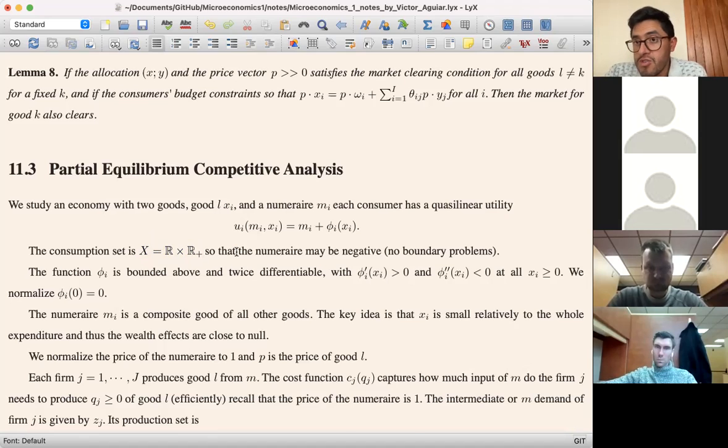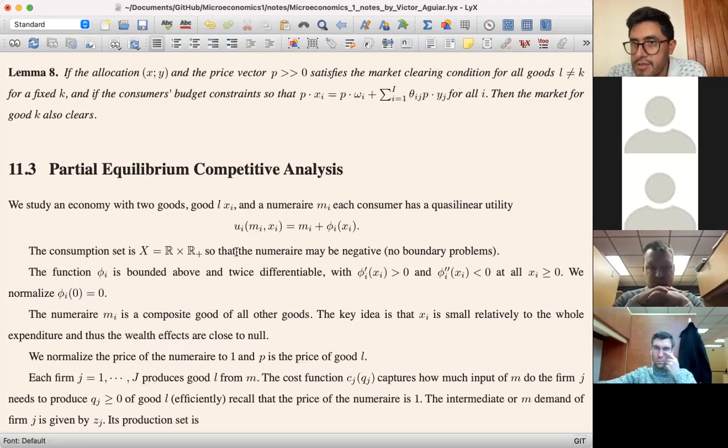Importantly, because the numeraire is taken as money, and to deal with some mathematical issues of corner solutions, it is allowed to be negative. So when it's negative, essentially it means that you don't have that money. You owe this money to someone, right? But this is more a mathematical convenience to just have interior solutions. And then the function phi, as I mentioned, is consumer dependent.